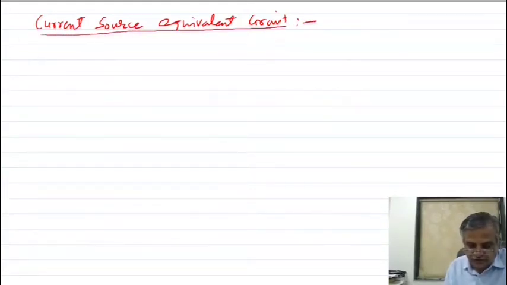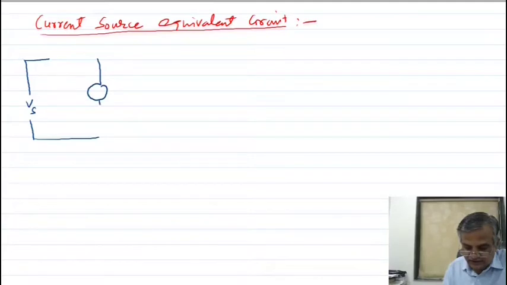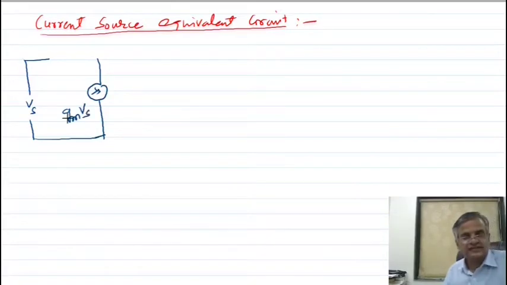See, I am showing it this way. This is your input signal Vs. The FET works as a current source. It provides the current gm times Vs. Current upon voltage, voltage is cancelled, you get current.